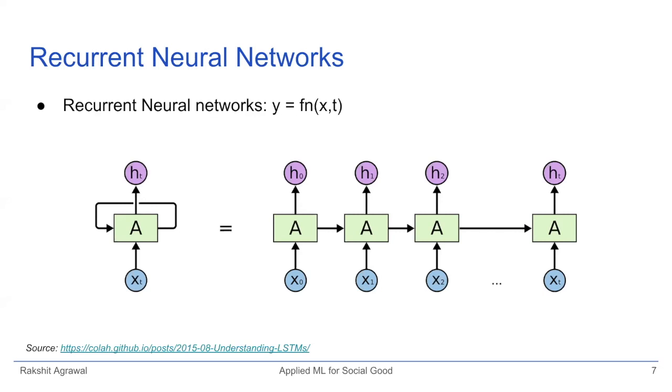When I'm calculating ht, this is a function of xt and ht minus 1. There are two inputs in concern. You are using whatever is the real input. These x's are known, but the h's are being learned. So you're using them at each and every step going forward.